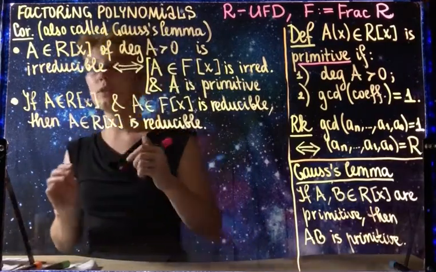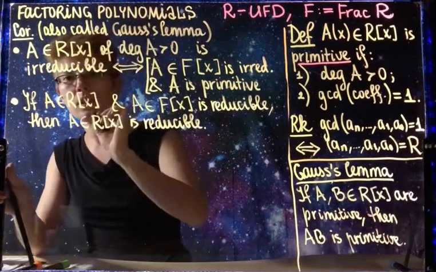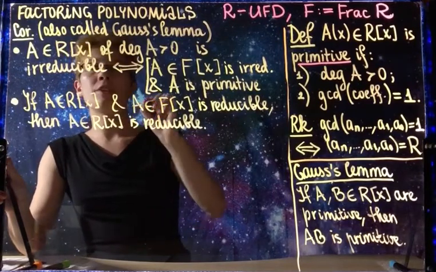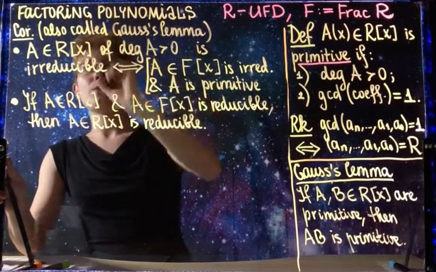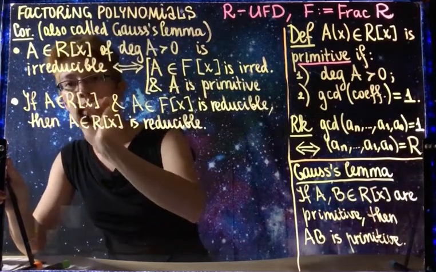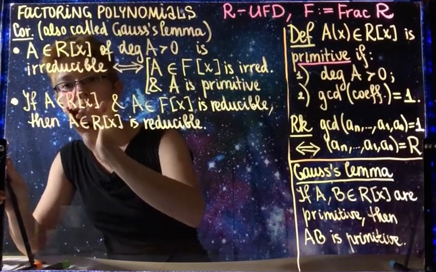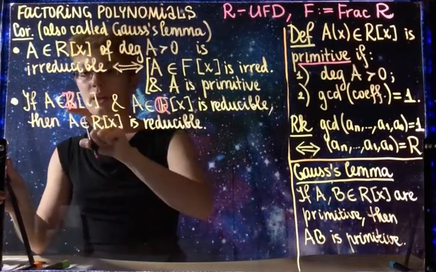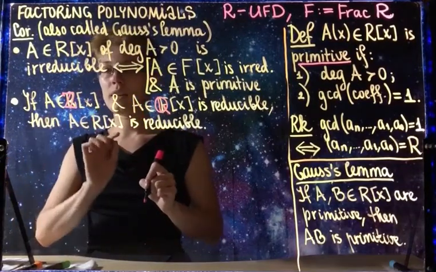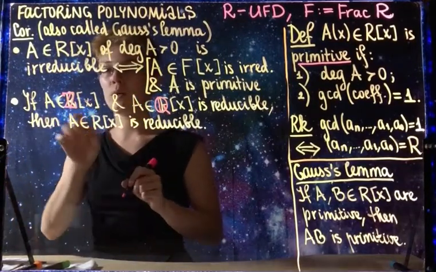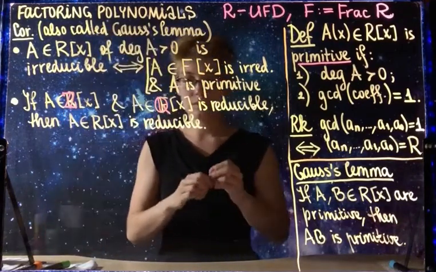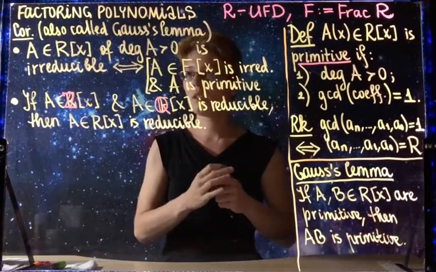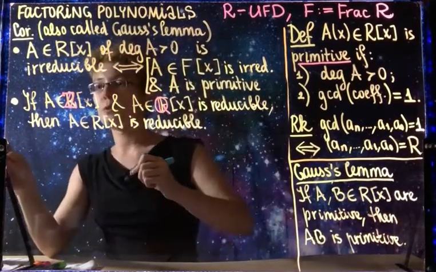A model example to imagine is the one that I formulated before starting the topic of factoring polynomials. So when R is Z and F is Q, then we can characterize when A is an irreducible polynomial with coefficients in Z. And let me prove it.